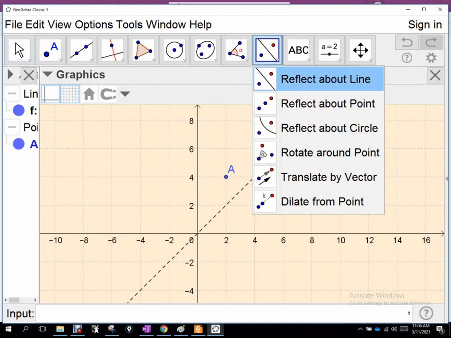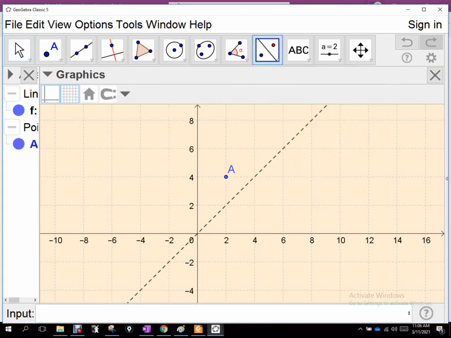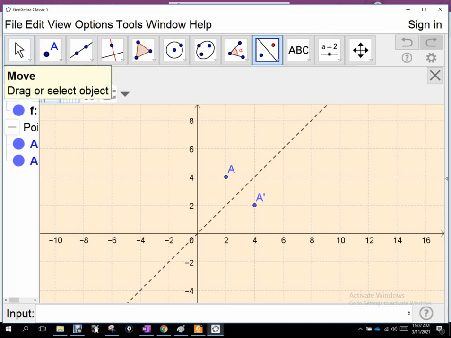So I'm going to see (4, 2) by using this reflection tool in GeoGebra. I'm going to click on that point, click on that line, and it's going to reflect it. Where did it reflect it to? It reflected it to (4, 2). This was (2, 4), reflected to (4, 2). So GeoGebra has this tool of reflection for us.